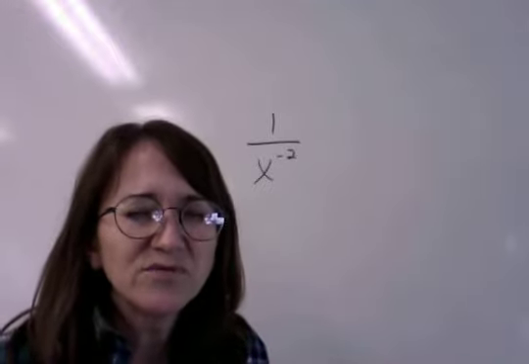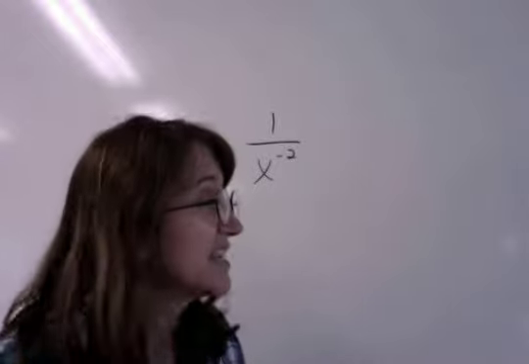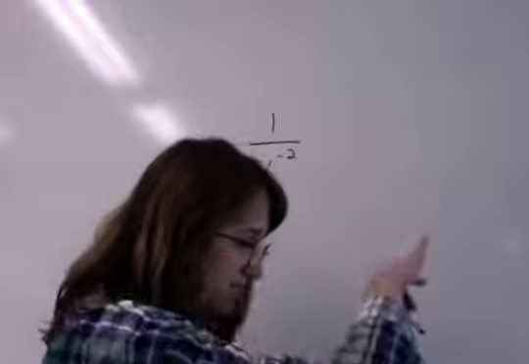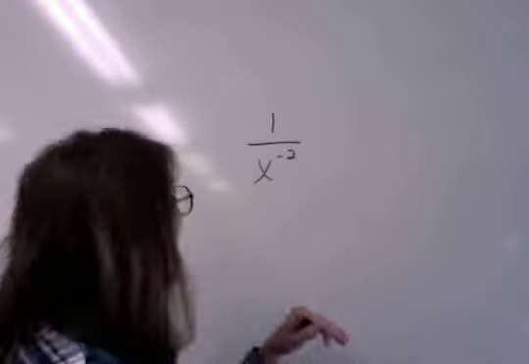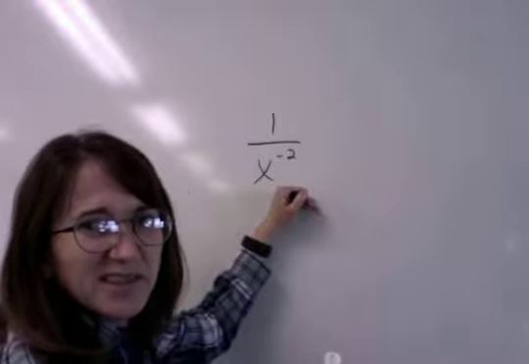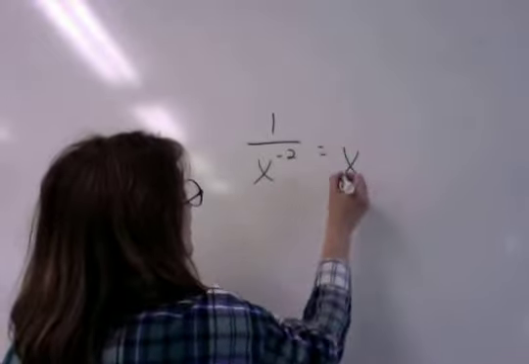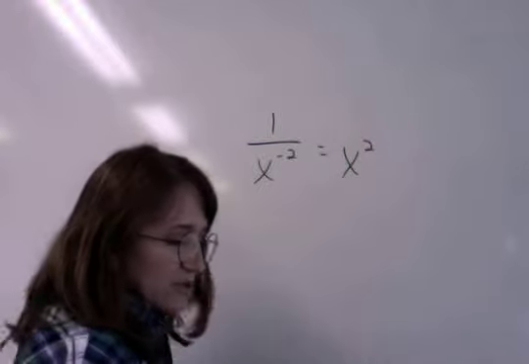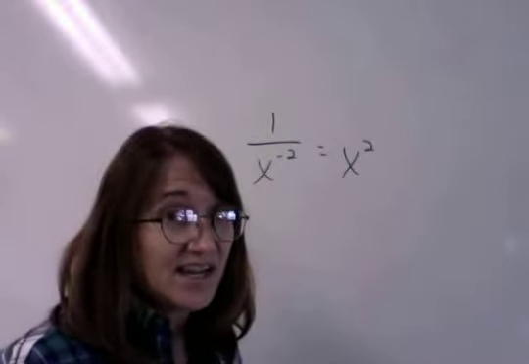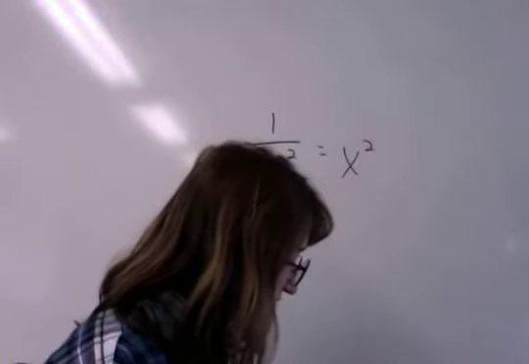You really don't want to leave your exponents negative if you can help it. And so we're going to make it positive by flipping it. Remember doing this? If I don't want a negative exponent, and we definitely don't want fractions, some of y'all got fractionophobia, then what do I do? I'm just going to flip it and make it a regular x squared. So that was kind of a refresher course for you guys.